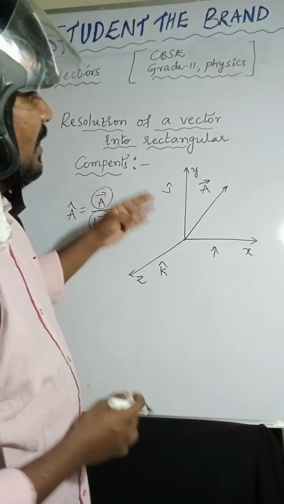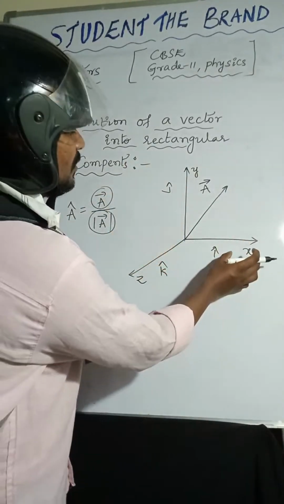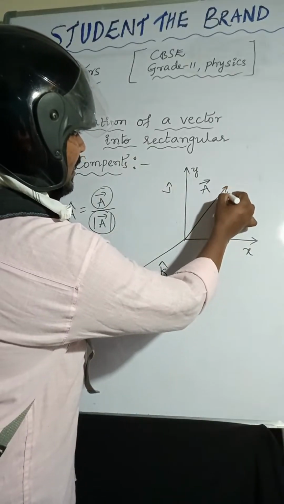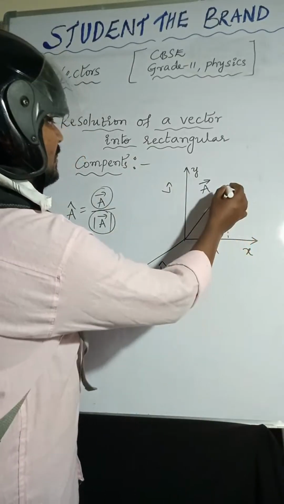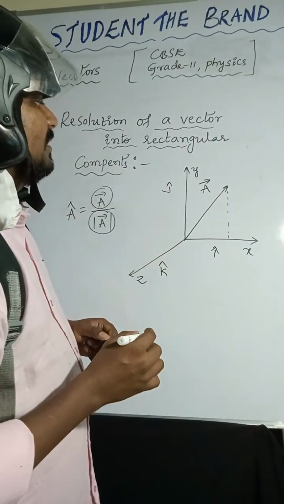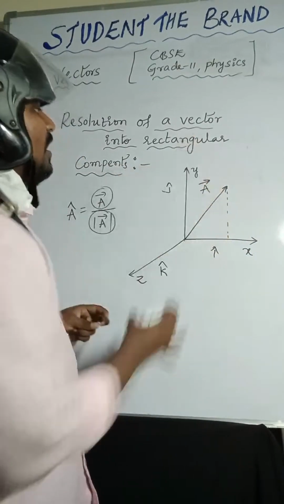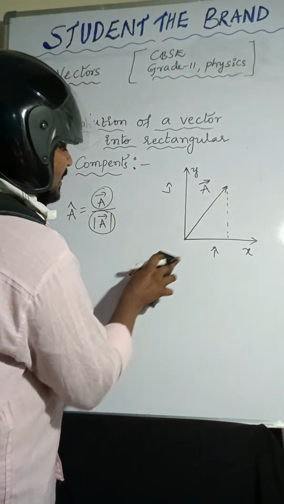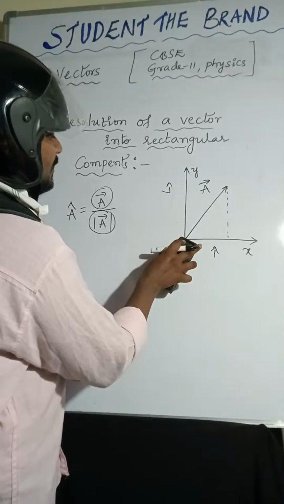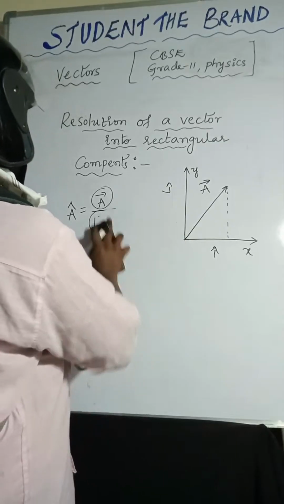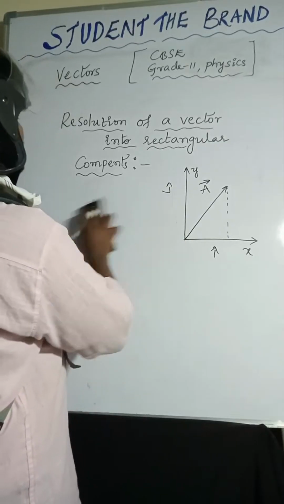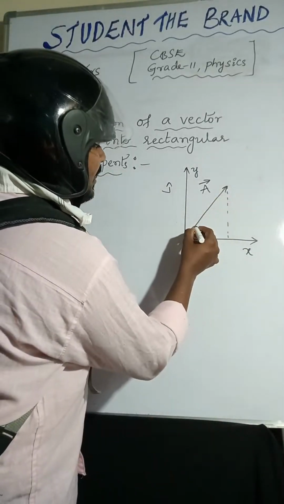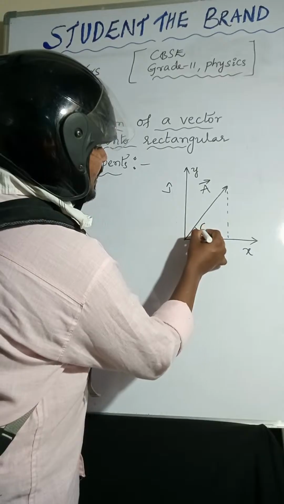Along the x-axis we are taking the component of A bar. If you are resolving the components, first we will discuss with only two axes, then we'll go to the third one. A bar makes angle theta with the x-axis.